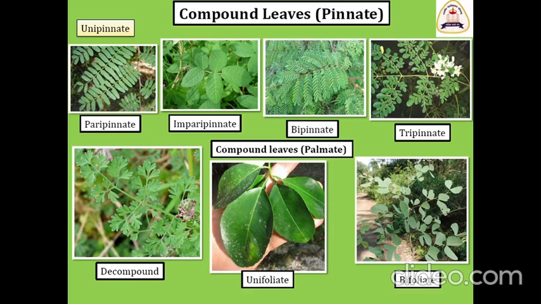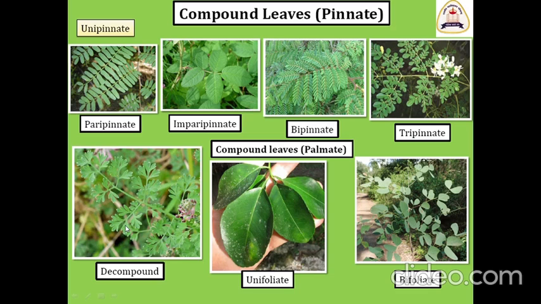In the third category, the primary rachis contains no leaflets and is further divided into secondary rachis, and the secondary rachis is further divided, giving extensions to the tertiary rachis, and the tertiary rachis contains the leaflets. This is called a tripinnate leaf. Example, moringa.